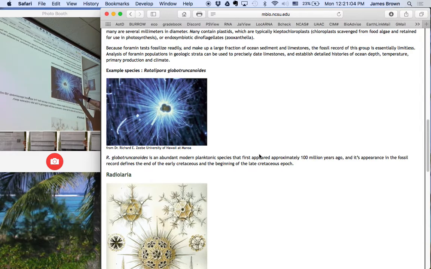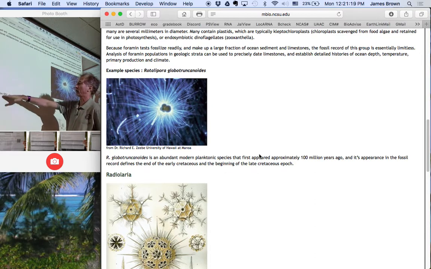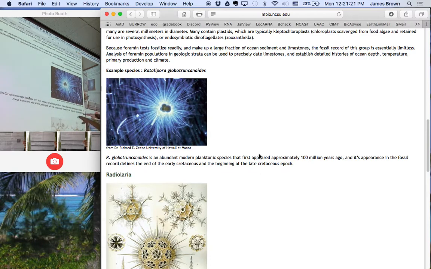This thing first appeared 100 million years ago, and so just as an example, if you have a strata and you see none of these things and then all of a sudden they appear and the conditions are appropriate, that line marks 100 million years ago, and it's right at the early to late Cretaceous boundary. Cretaceous, that being when the last of the dinosaurs emerged.